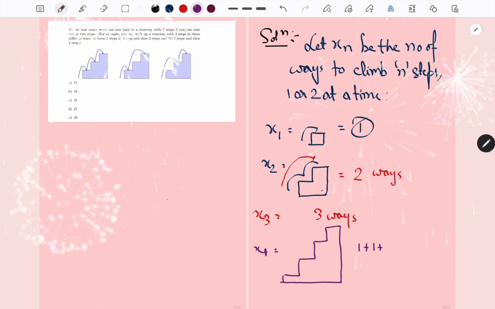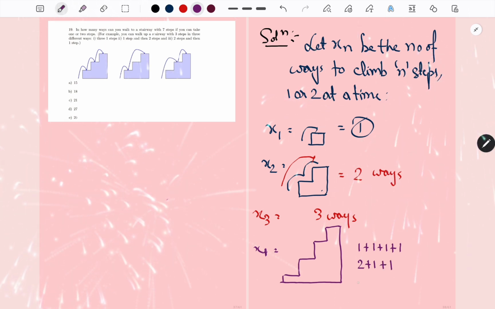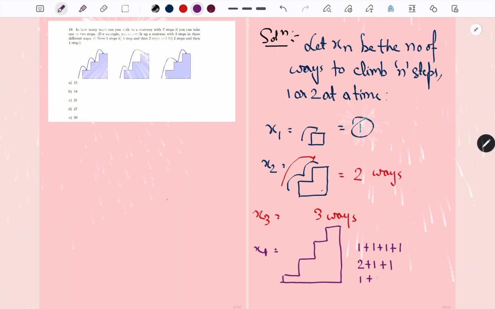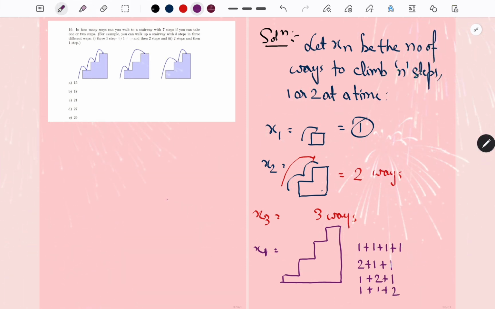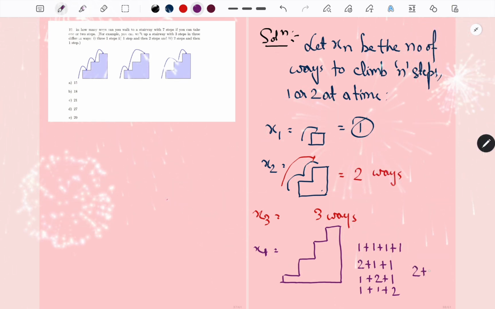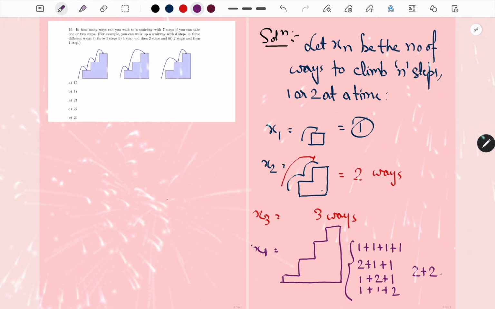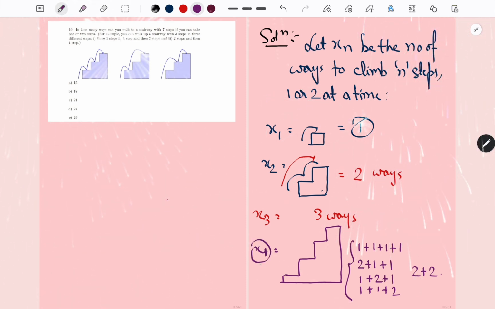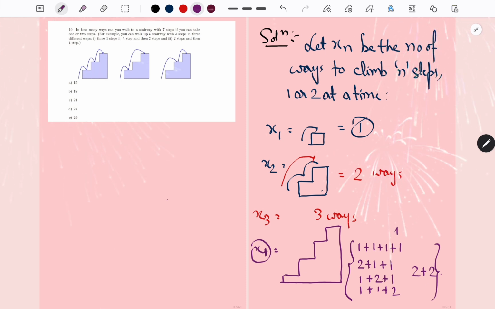Either 1 step at a time, or 2 steps and then 1 step at a time, or 1 step, 2 steps and then 1 step, or 1 and then 2 steps, or there can be a possibility where he climbs 2 steps and 2 steps consecutively. So basically the question is, what are the ways of splitting 4 as a sum of 1 and 2? So there are 5 ways for it.